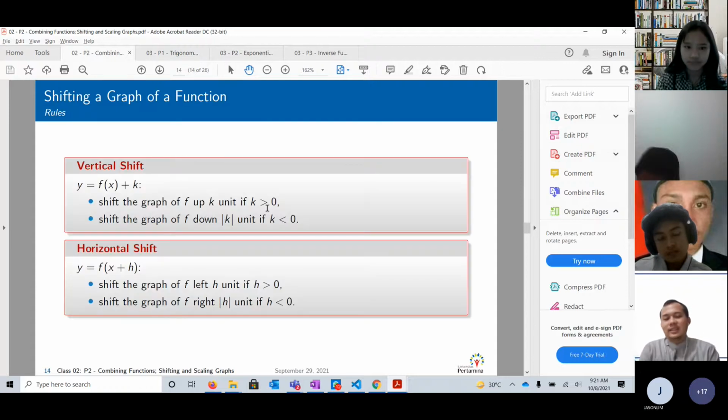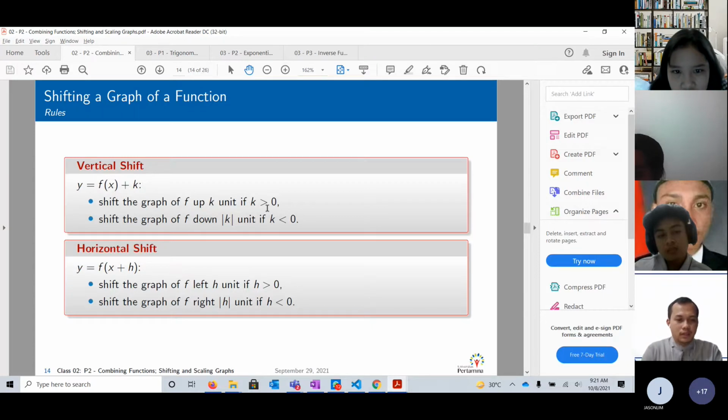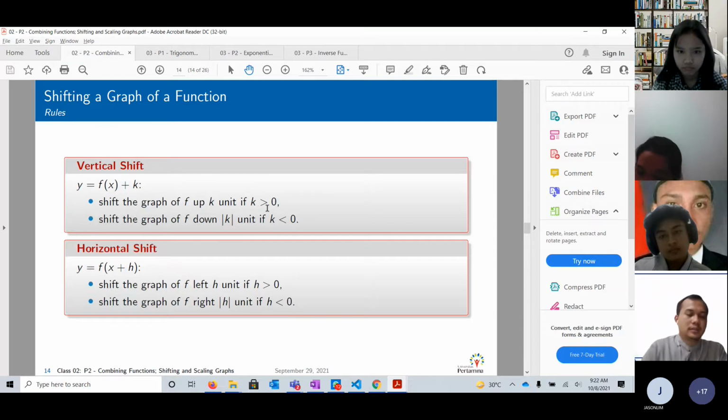Now, this is the tricky part of this material, how we can graph a function by simply shifting, scaling or reflecting the graph of the basic function.